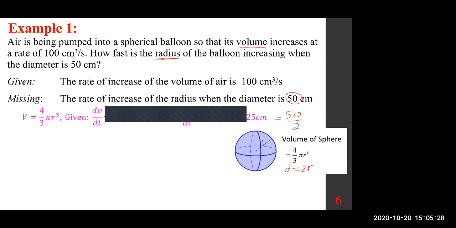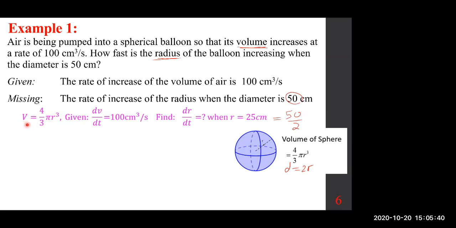Now, remember, the volume is 4/3 pi r cubed, so you want to differentiate this. dV/dt is of interest to us, where V is a function of r.